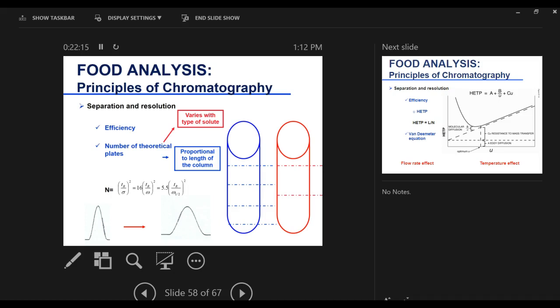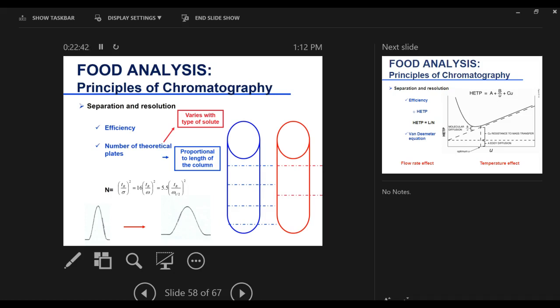So the higher the number of theoretical plates, the higher the resolution, obviously. Now, one thing I want to point out is that the number of theoretical plates is different between different solutes. So the same column, but different solutes might have different numbers of theoretical plates because it depends on how they're interacting with the stationary phase.